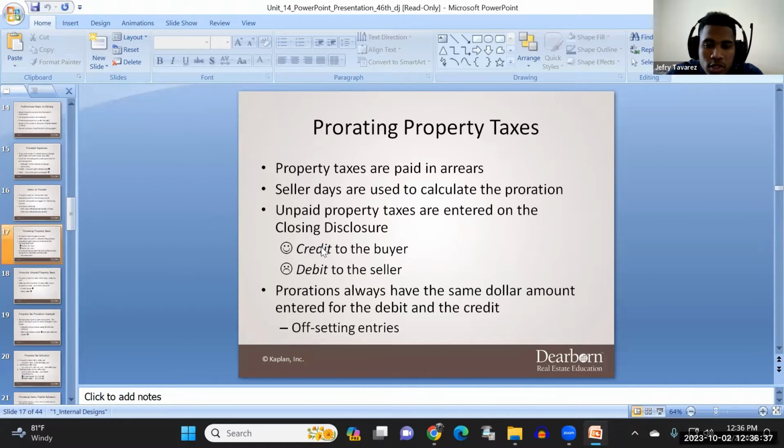Would a good way to remember that be that someone gets credited and the other one gets debited? Yeah, one party is always going to get credited and one party is always going to get debited. It's always going to equal out. Whatever they credit them is what they're going to debit them in this situation.